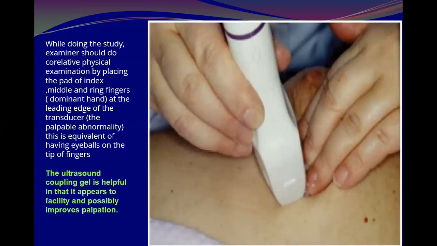And if she could not palpate it while lying down, let her sit and palpate it. And these are examples here. This is the image of an examiner putting three fingers of the contralateral hand under the probe to palpate the patient's concern, the clinical concern, with coupling of gel.